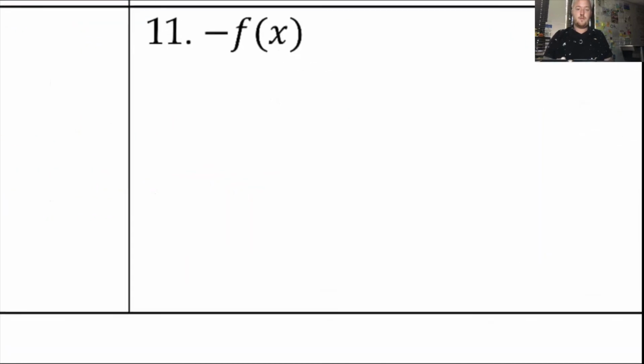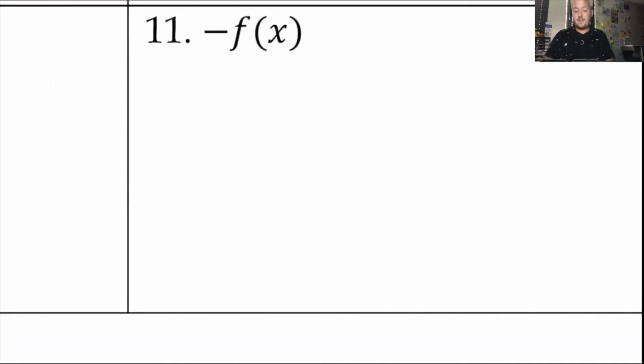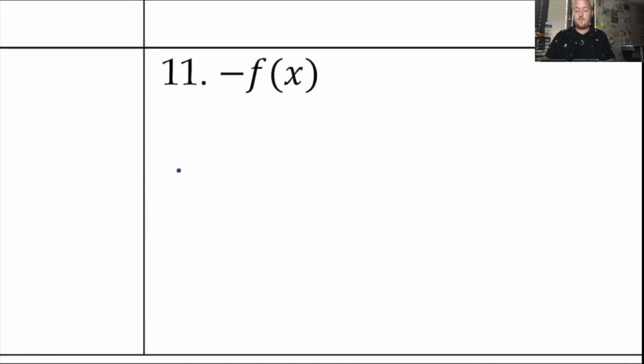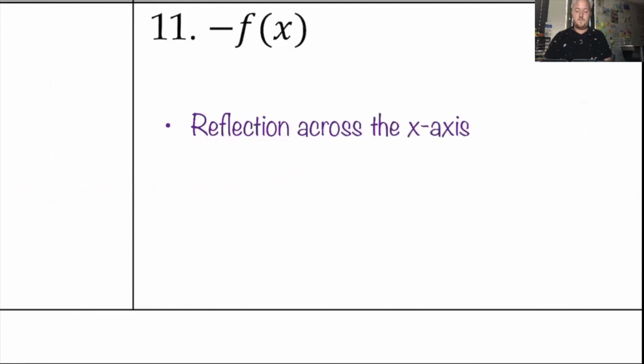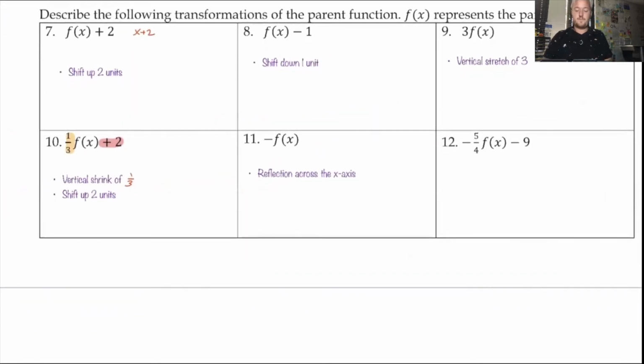All right, number 11. So now we have that negative out in the front. So that negative for our slope, this is only going to be a reflection across the x-axis. So that's the only transformation that's in that one.